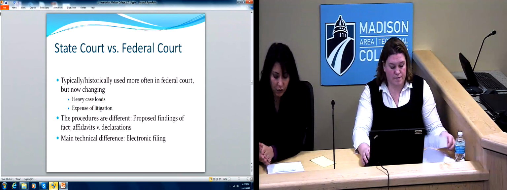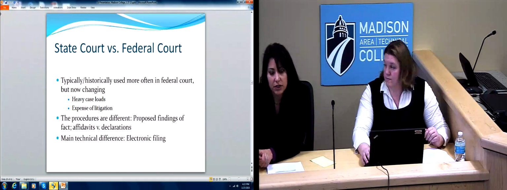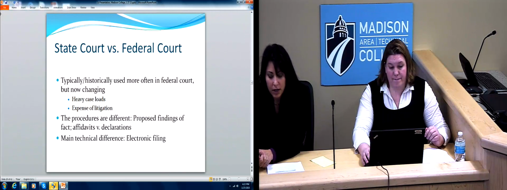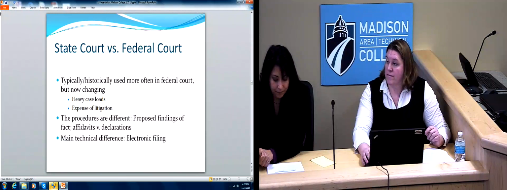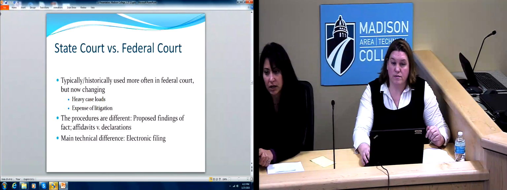State versus federal court. Historically, summary judgment was used more in federal court, but it's being used in state court a lot more now. I don't know why that is. It could be that in state court now there's heavy caseloads, there's the expense of litigation, there's more lawyers, I'm not sure.